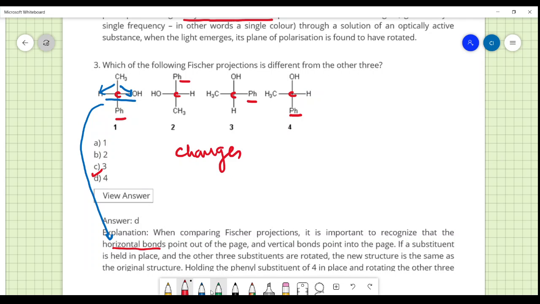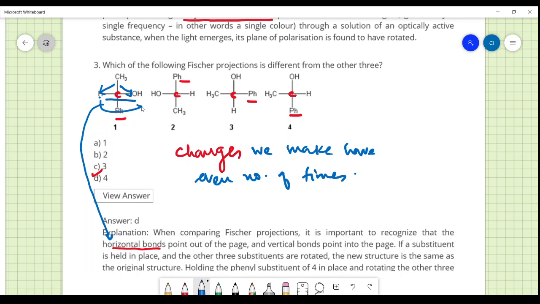I told you in the class that the changes we make have to be an even number of times. So here in this structure, if you change, H comes to this place, OH should go here. Or if you take that, CH3 should come here and Ph should go there.